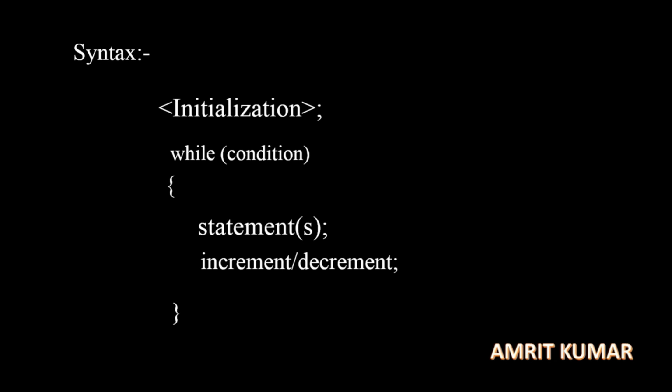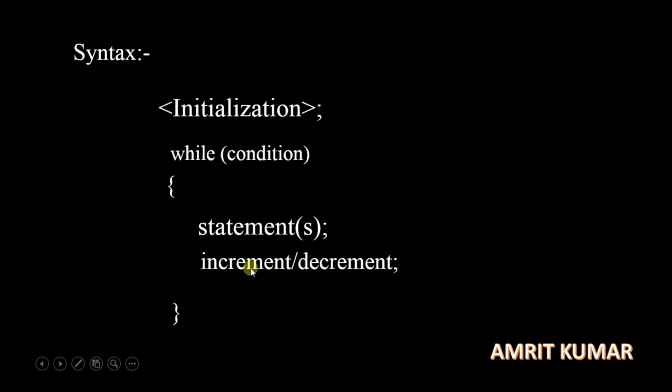Now, moving forward to the while loop and how it helps you, because a loop helps you execute similar statements again and again. The syntax is clear: you have to initialize your value here, say i equals 1, then while i is less than or equal to 10, the condition should be here, and if the condition is true, then the statement is executed.